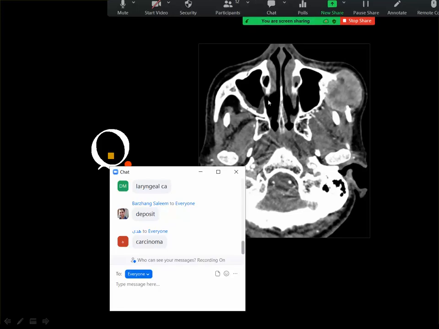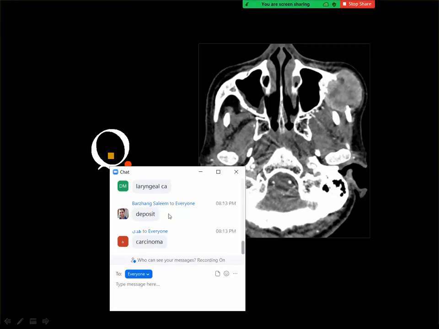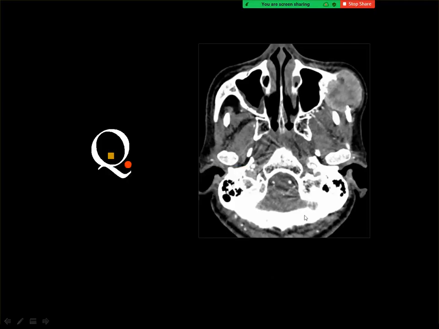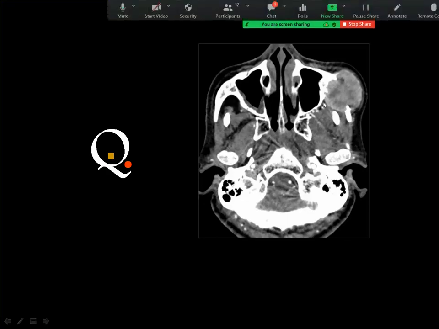Okay, and someone said that this is metastatic deposit, and another possibility is carcinoma. Well, if you see a case like this, the first step is to ask yourself, is this a benign lesion or a malignant lesion?